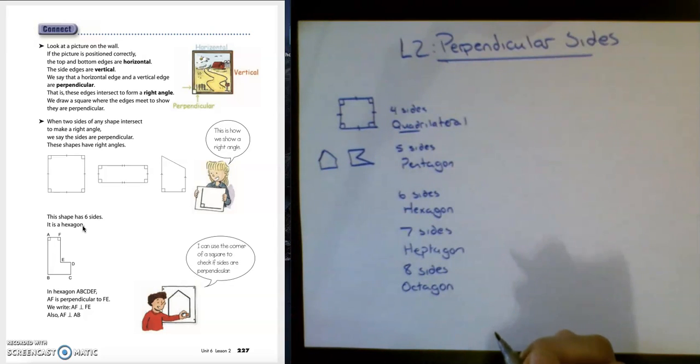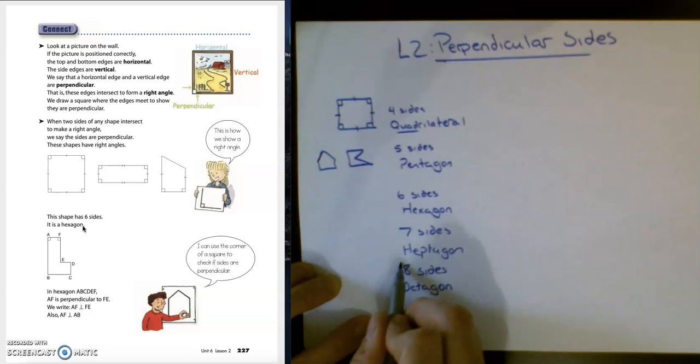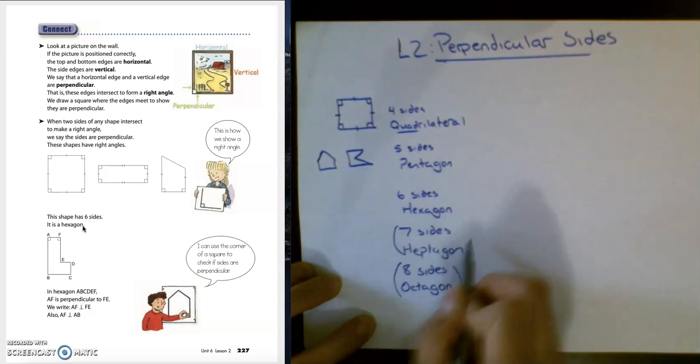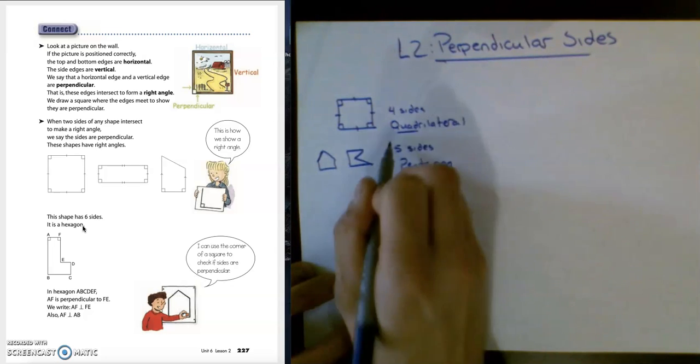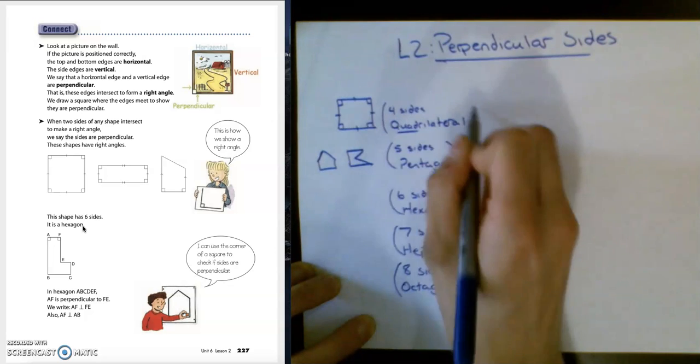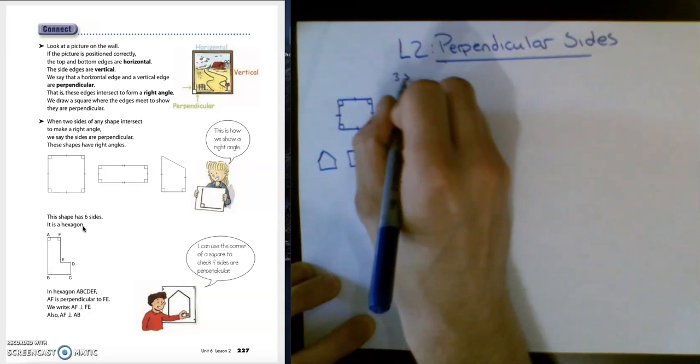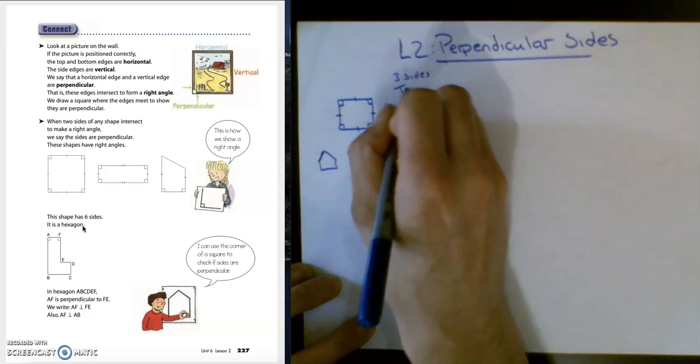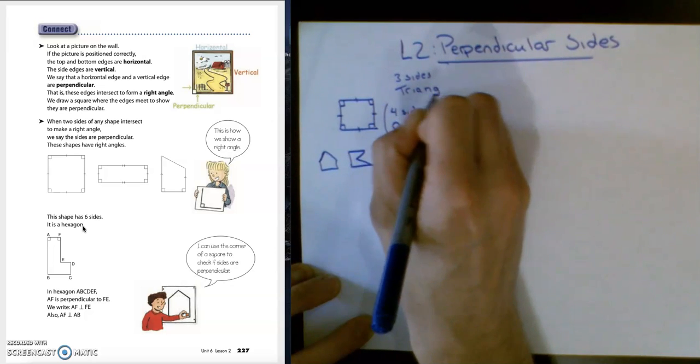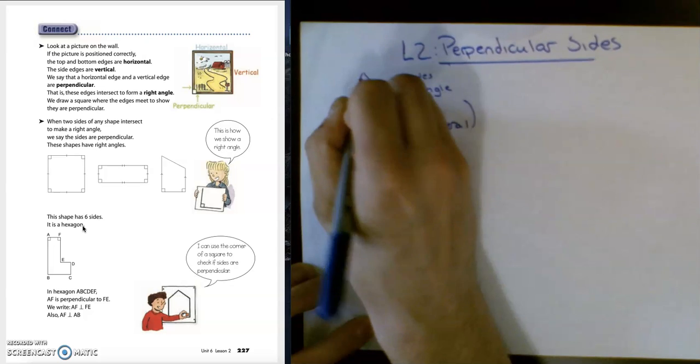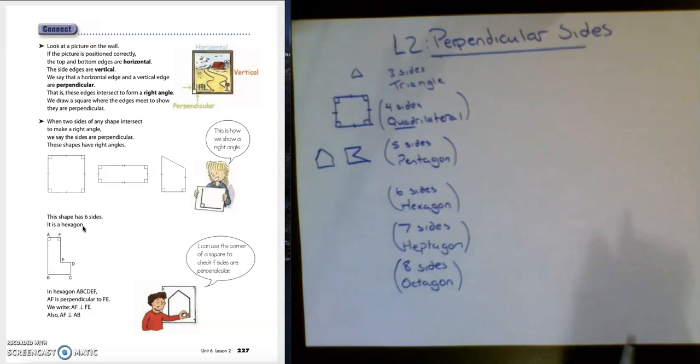Octopus, 8 legs, octagon, 8 sides. So these are the ones that you should have a half decent idea of. 3 sides, I really hope you know 3 sides: triangle. So just keep those in mind if it asks you to draw any of them.